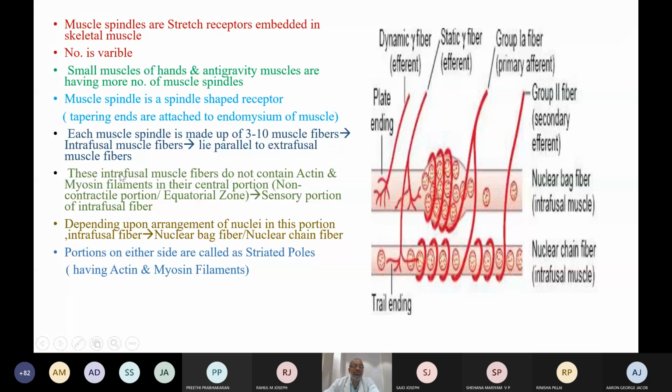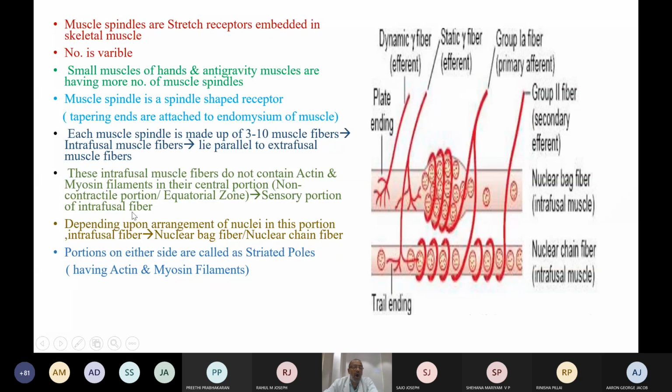These intrafusal muscle fibers do not contain actin and myosin in their central portion, which is referred to as the non-contractile portion or equatorial zone, also considered the sensory portion of the intrafusal fiber.